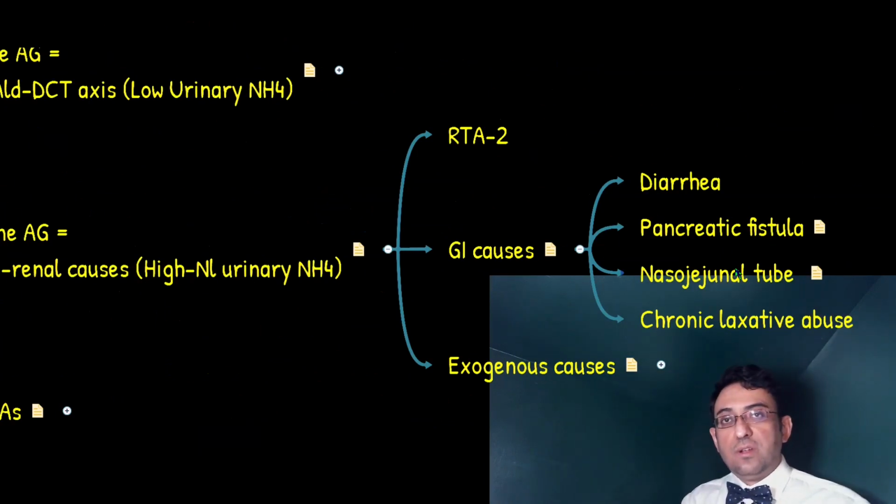Now, question. Analyze the chloride level in diarrhea versus vomiting. Well, analysis of chloride level in vomiting is easy because the patient is losing hydrochloric acid, so it is a hypochloremic metabolic alkalosis associated with vomiting.